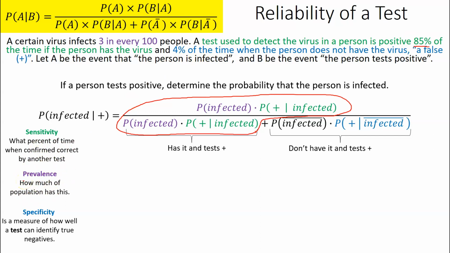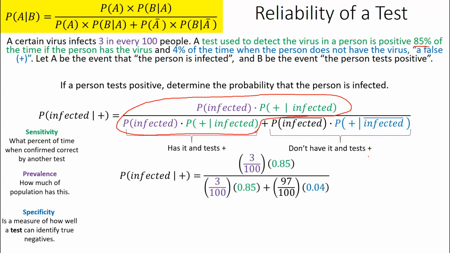If it's not real prevalent, then what ends up happening, and you're going to see this in a couple of examples, is your probabilities are really affected by the false positives. If it's a low prevalence, those false positives really throw a monkey wrench into the calculation. And then we've got the specificity. Specificity is the measure of how well the test can identify a true negative. And that's basically this here.